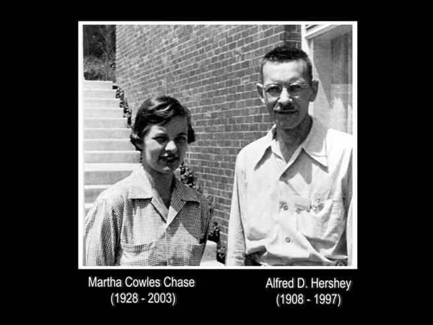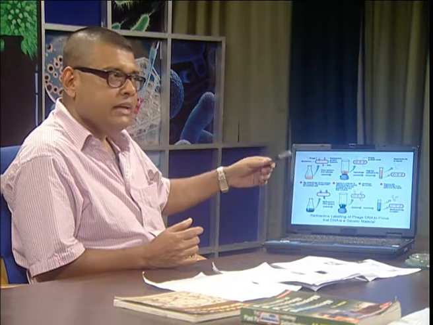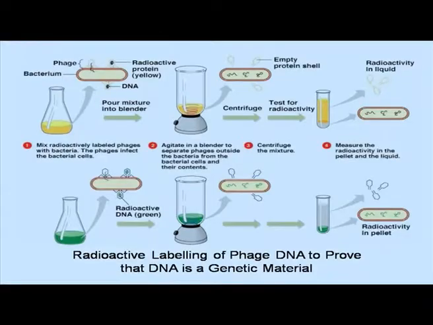They labeled the DNA, and at the same time they labeled the protein of the capsid of the bacteriophage, and they showed that in the case of the labeling of the DNA, the radioactivity was coming up in the next generation of the viral particle, but there was no radioactivity detected when the labeling of the sulfur in the protein of the capsid was done. So it was said that the infection and replication of the phage particle is brought about by the nucleic acid, and in other words, DNA is the genetic material.